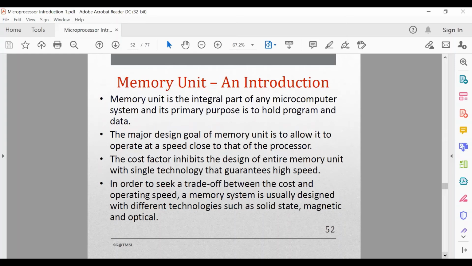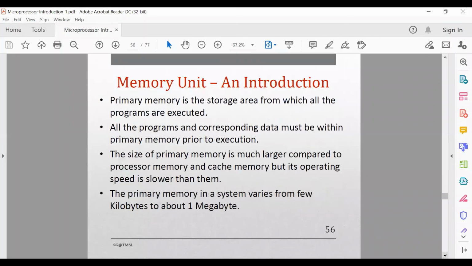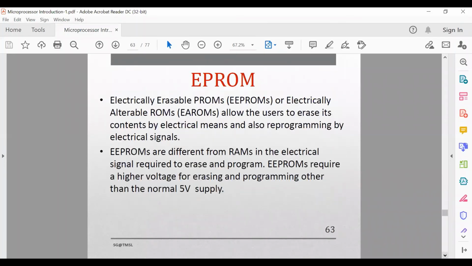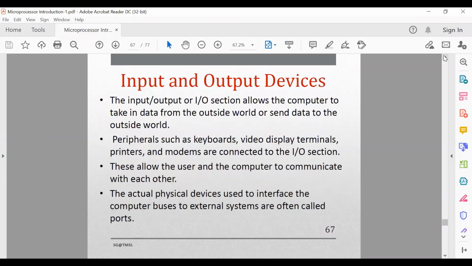So I have already covered the memory. Now, input output devices. The input output section allows the computer to take in data from the outside world. These devices permit the user to feed data to the computer and retrieve the computed result from it.